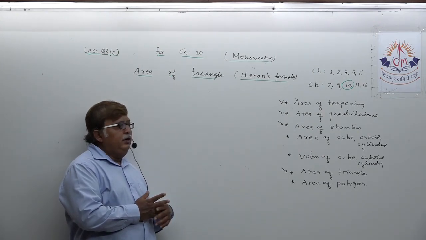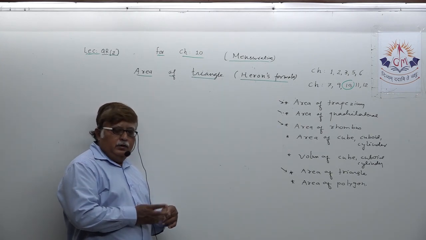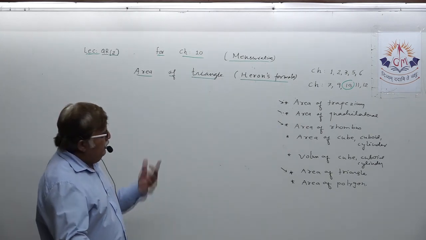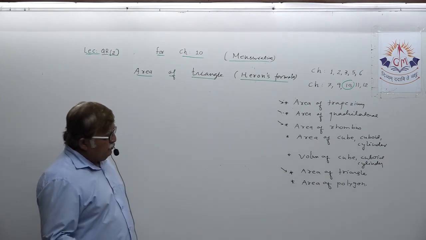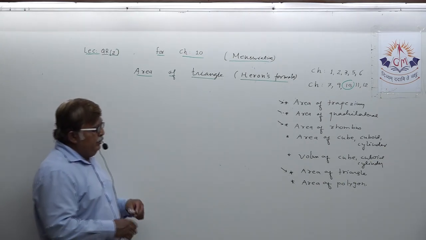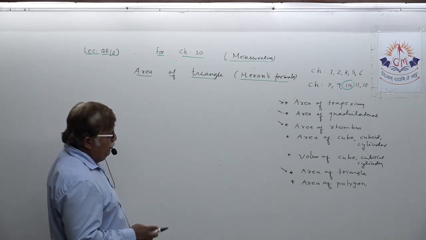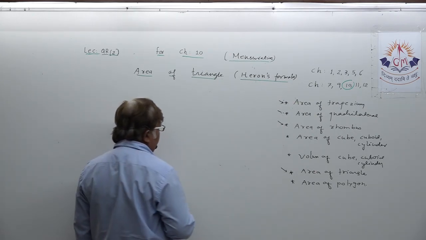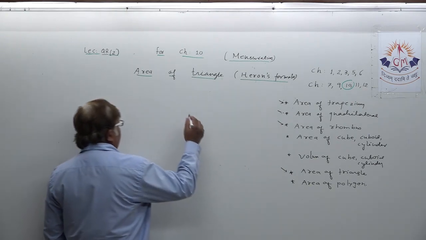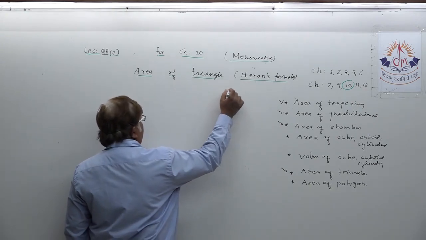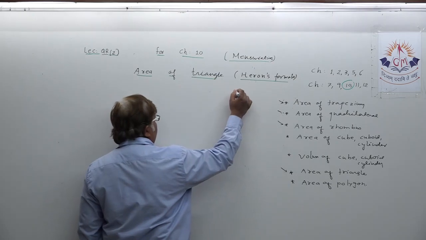And that's why this formula carries much importance. Okay, like as you all know, we revise in every chapter. If you just want to revise area of triangle by Heron's formula, just take one example.